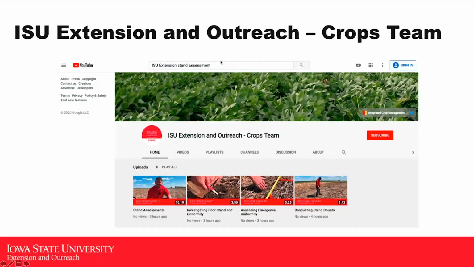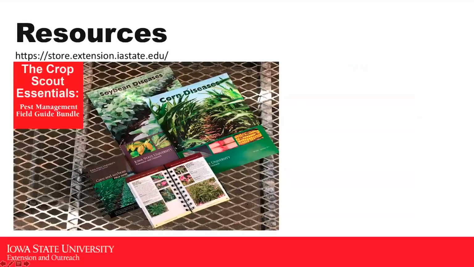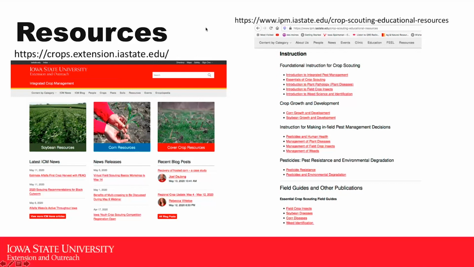I have not seen convincing evidence that we're going to get 300 bushel corn out of 20-inch rows as of right now. I have done some row spacing work over the years, looking at 20-inch rows versus 30-inch rows. One of my findings was that 20-inch rows are not negatively impacting yield. So you can move down into 20-inch rows and get the same yield as 30-inch rows pretty consistently.